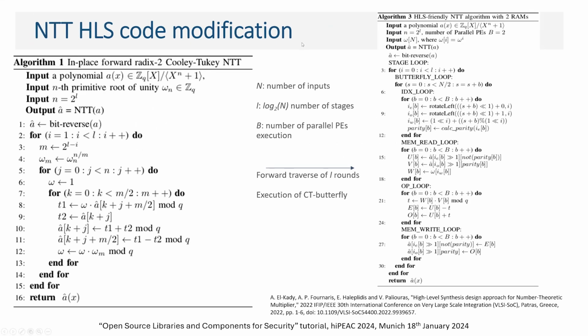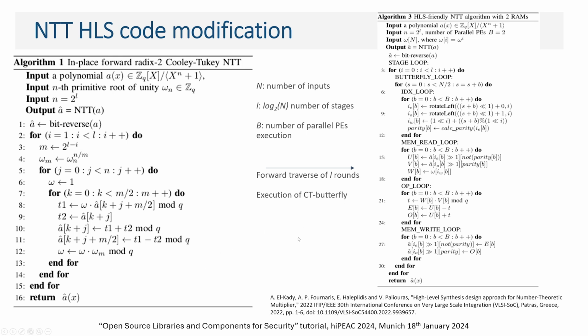So a few words on our algorithm for the NTT, which is a basic part of the Dilithium signature scheme, can be seen here. This is the algorithm from the Dilithium library. There is a traversal over the different numbers of stages, for different numbers of inputs and stages L, and for each of them a processing element takes place.